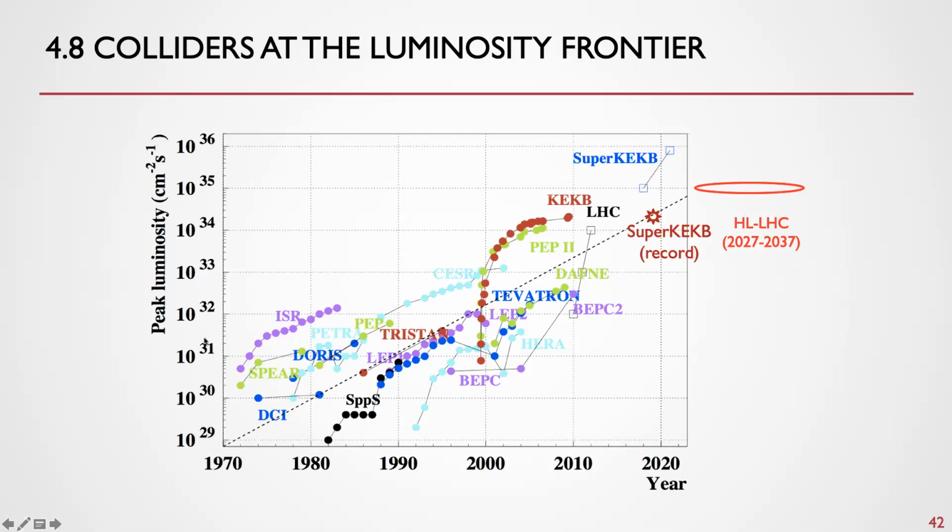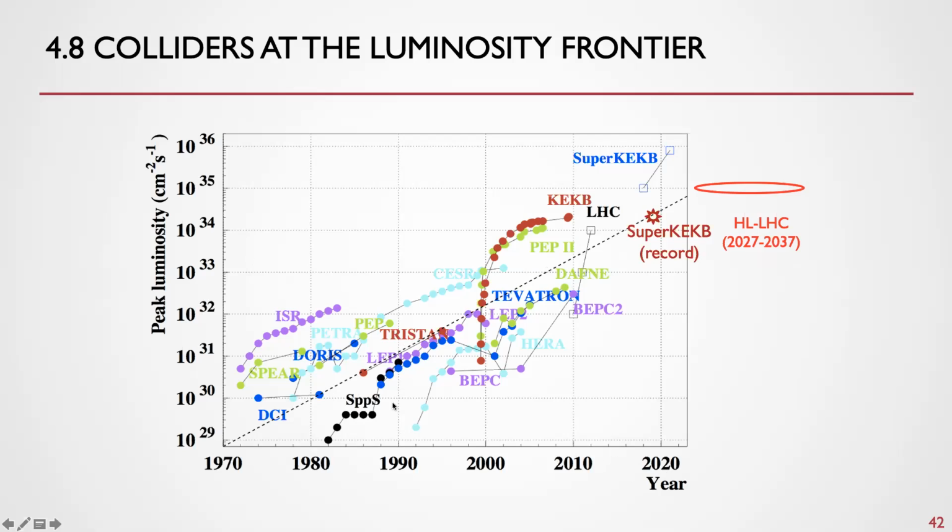The y-axis is logarithmic, the x-axis, time, is linear, and you see very roughly that we could achieve Moore's law: a doubling of the peak instantaneous luminosity over a constant time interval.